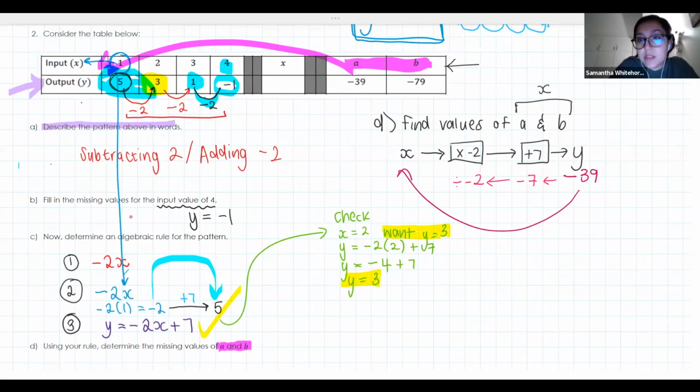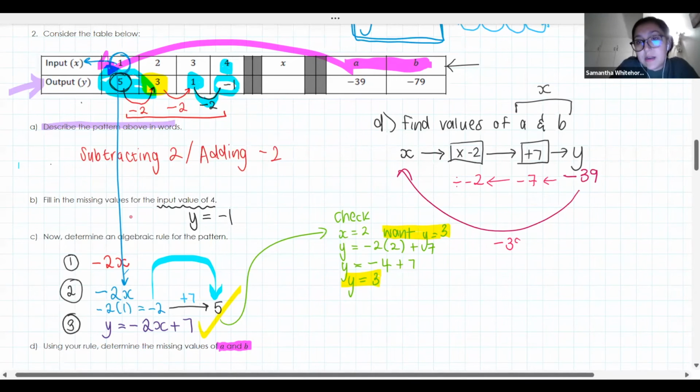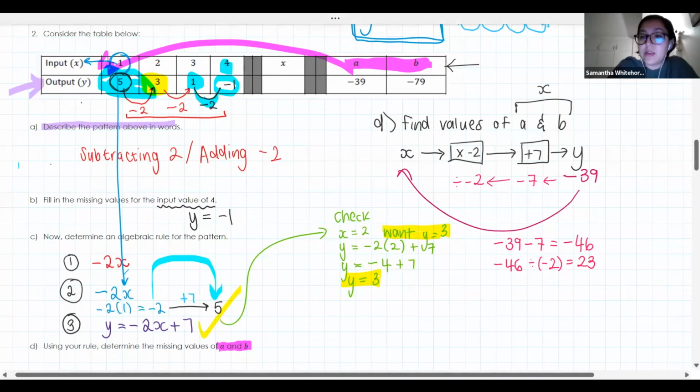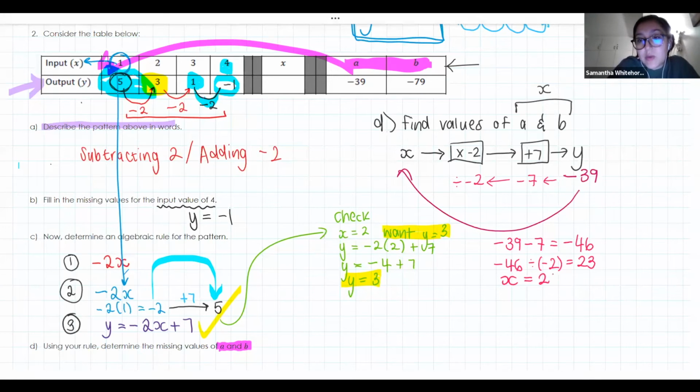So let's do that. -39 minus another 7 gives me -46. Then I want to take that -46 and divide it by -2. Now remember, negative divided by negative is a positive, so I'm going to get a positive answer here. And 46 divided by 2 is 23. And so what we've worked out is that my input value is 23.